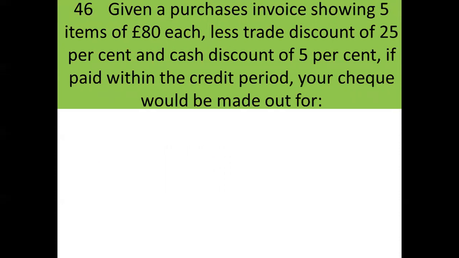We have 5 items, and each costs 80. 5 times 80 is 400, and we deduct 25% of it, multiplying by 75%, and we also deduct a cash discount of 5%, multiplying by 95%, and we get the check that we pay out: 285.